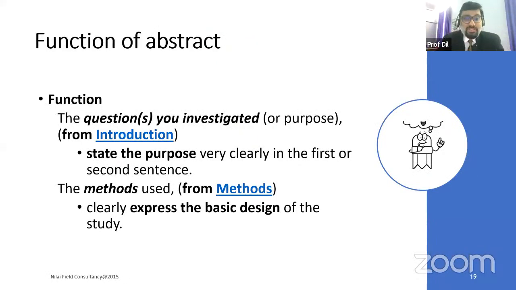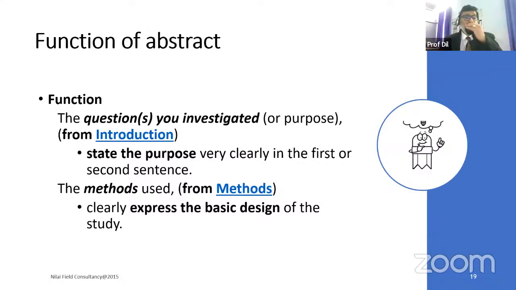The most important function of an abstract is introducing the entire paper content to the readers. So introduce the topic, state the purpose, and the methods used. What methods have you used? Is it quali? Is it quanti? Within mixed method, did you follow sequential explanatory or anything, right?